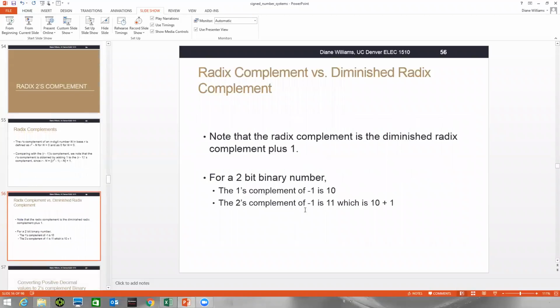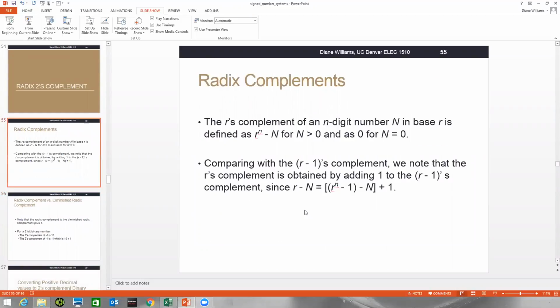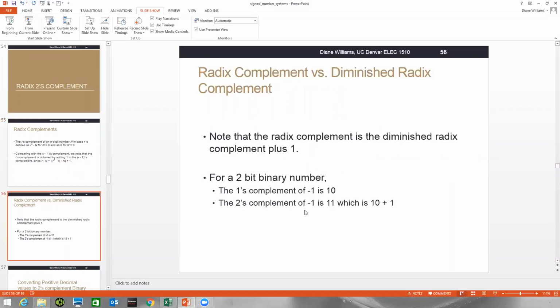And once again, we're going to see we don't have to go through this mathematical scheme in binary, that we're going to have a simpler way of doing it. So the Radix complement is the diminished Radix complement plus 1. In binary, the 2's complement is simply forming the 1's complement and then adding the number 1 to it.